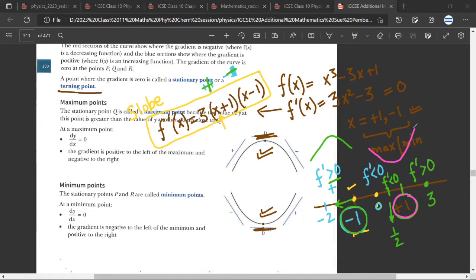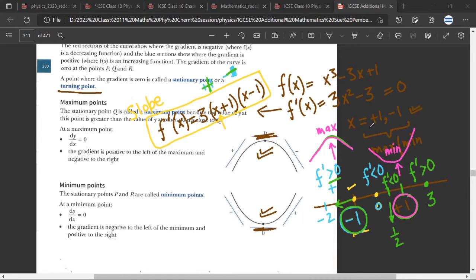Yeah. So slope, if it changes from positive to 0 to negative, this point would be local maxima. Is it making sense? Yeah. If slope changes from negative to 0 to positive, this would be local minima. Is it making sense? Yeah.